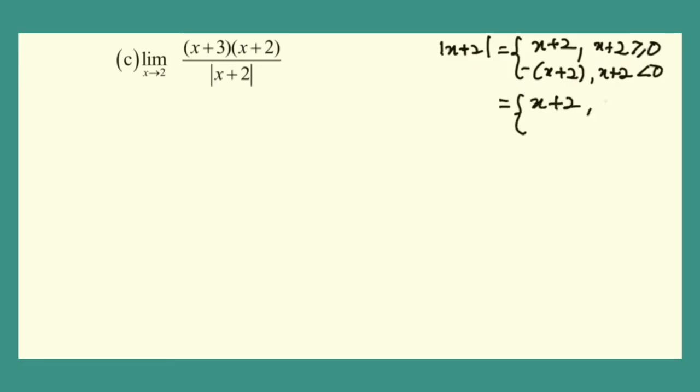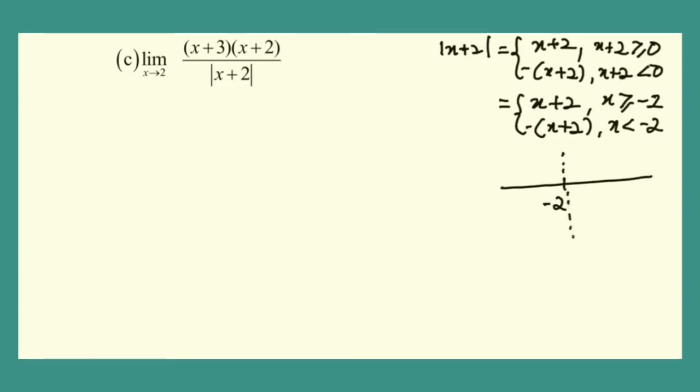Here is x plus 2 for x greater than or equal to negative 2 and negative (x plus 2) for x less than negative 2. And then draw a line to represent the piecewise function. Okay, the function at the left is negative (x plus 2) and at the right is x plus 2.